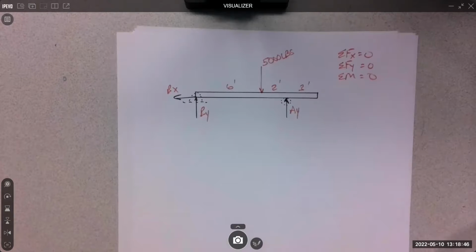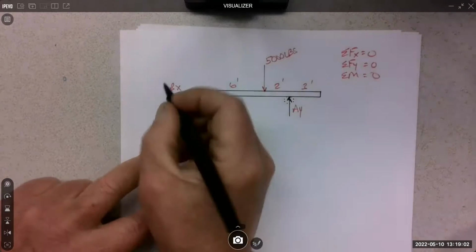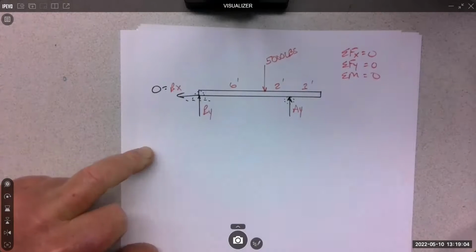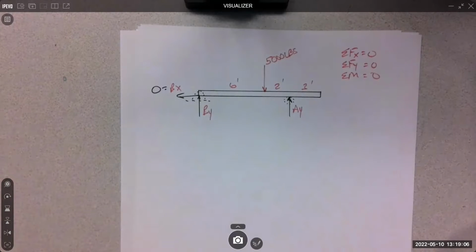And then we just look for the opportunities that are easy first and then work towards the unknowns, right? So we always try to look for some direction where there's only one force, because that force has to be equal to 0. Which one? X. So BX is equal to 0 because there is no other force in the X direction, right?